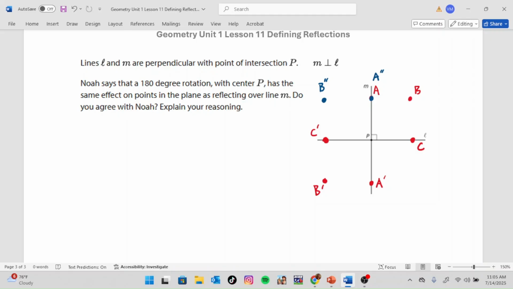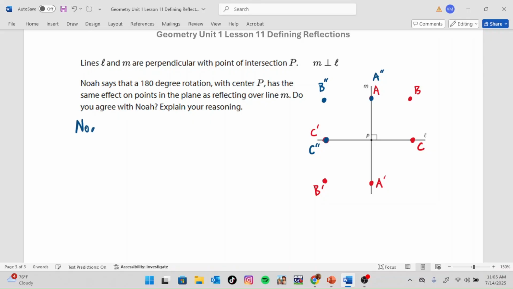And the last one is C. If we reflect point C over line M, it ends up where C prime is. So the only time Noah was correct is with points that are on line L.